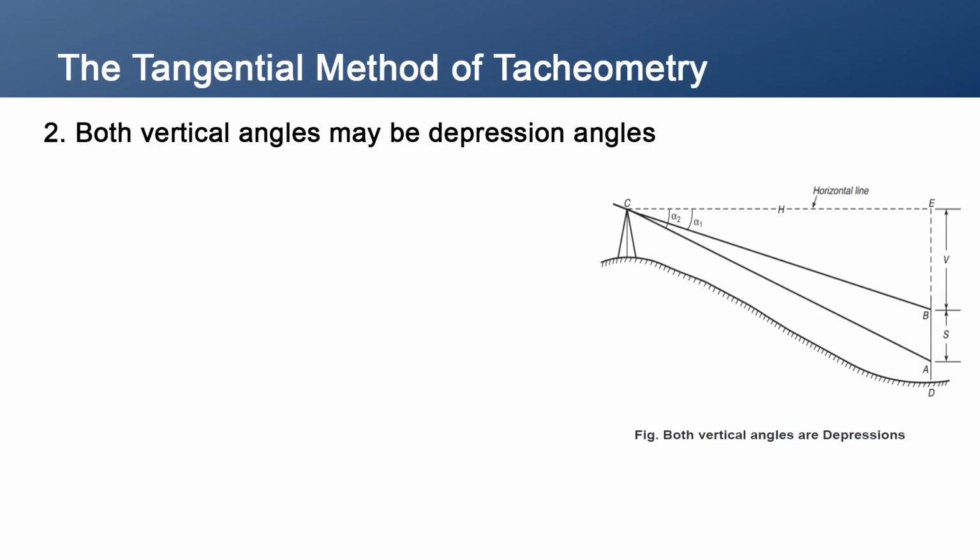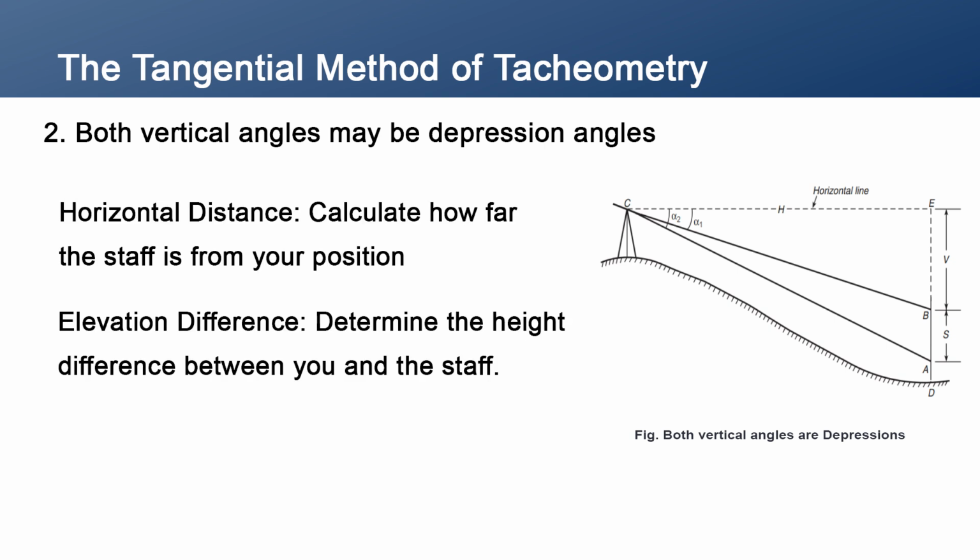Moving to the next case, that is, both vertical angles may be depression angles. Imagine we are looking at two points on a staff that someone is holding in front of you, but instead of looking up at the points, you are looking down because both points are lower than your line of sight.